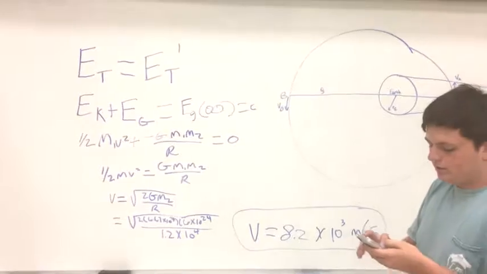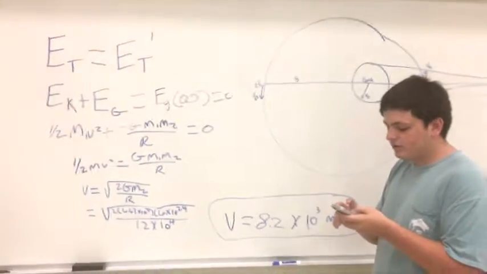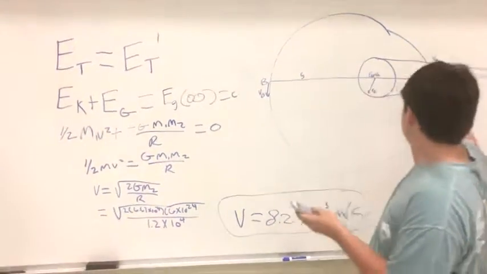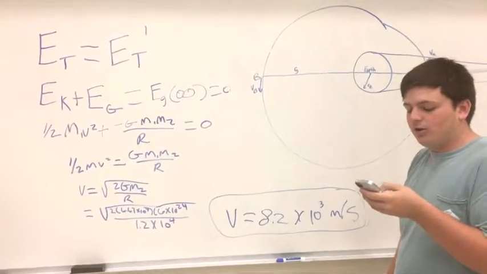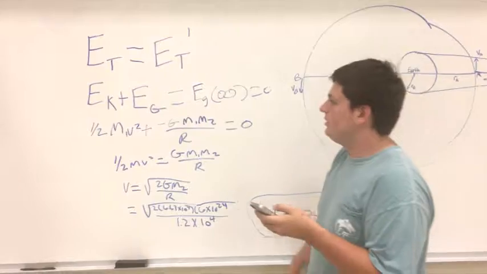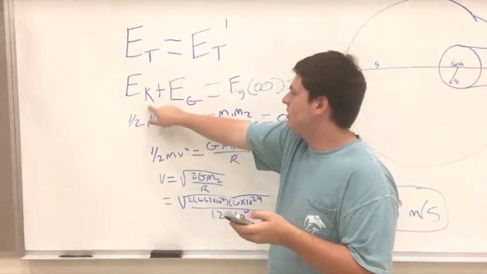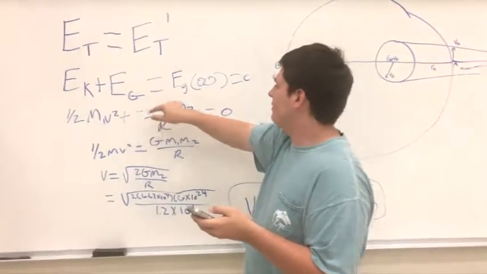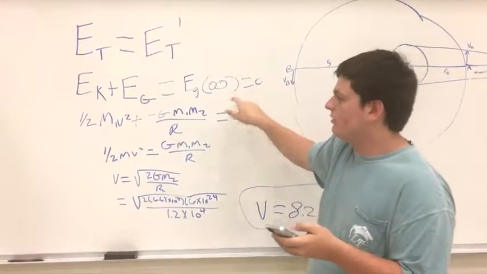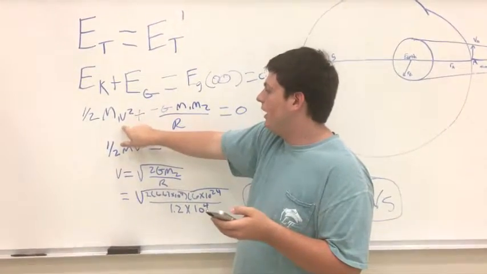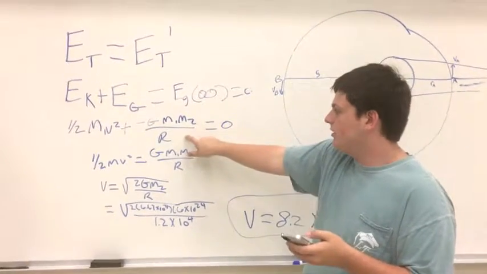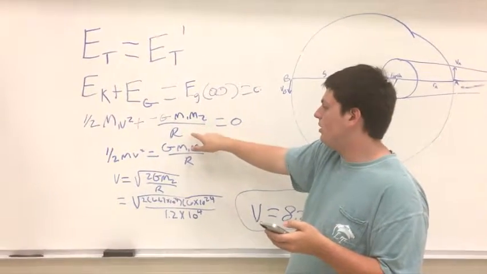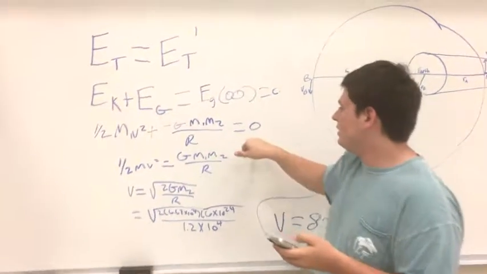Alright, so now we're trying to find the minimum speed of the spacecraft at point A if it is to escape completely from the Earth. We're going to use kinetic energy and the gravitational energy, and make the total equal to 0. So we use half mv squared plus the gravitational energy, which is negative G m1 m2 over r, and set it equal to 0.